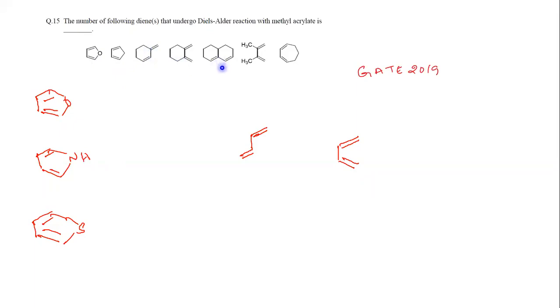Now this would become an example of s-trans, and again s-cis and s-cis. So the only substrates which would not undergo Diels-Alder reaction are this s-trans and one more s-trans. All the others would undergo Diels-Alder reaction except this s-trans and this s-trans. So the number would be 5.